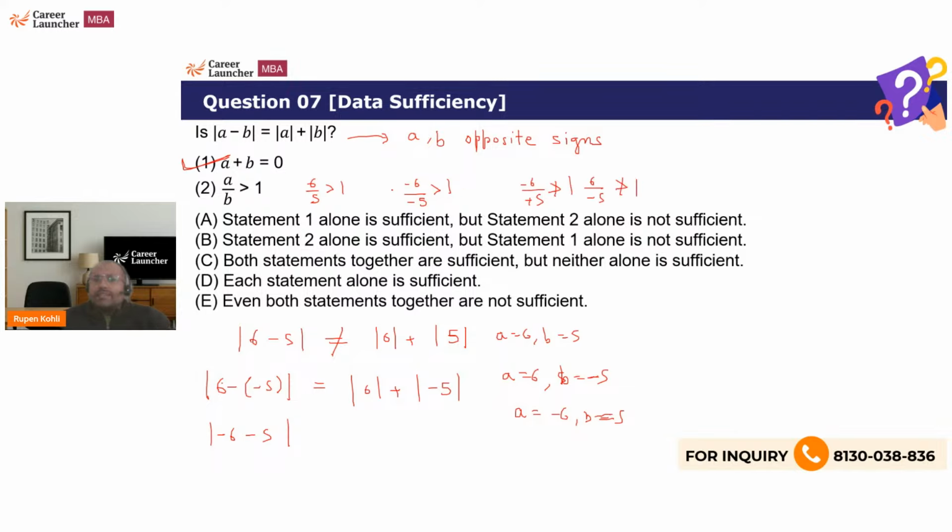So the point is, only when both the numbers are of the same sign, whether both are positive or both are negative, then this inequality is satisfied. So in this case, we have a definite no to the question asked. This equation will not be satisfied, because we know this equation is satisfied if a and b are of opposite signs, but in order for this inequality to be satisfied, a and b need to be of the same sign.